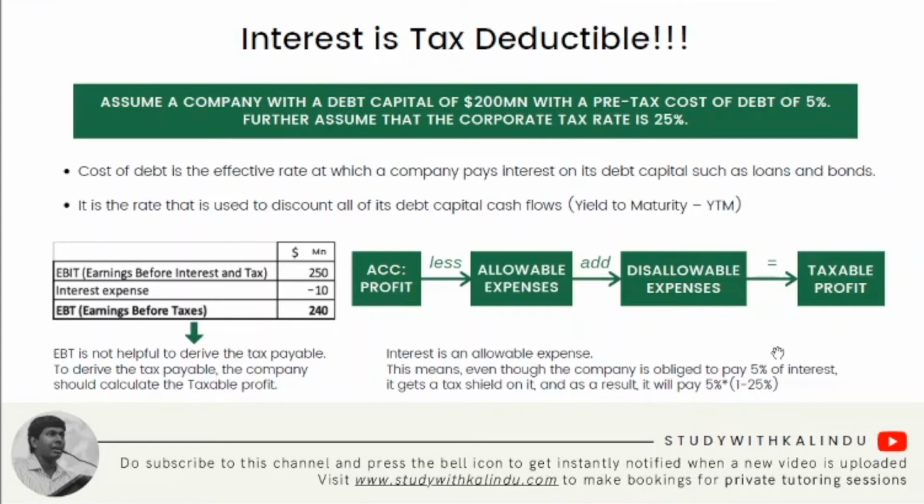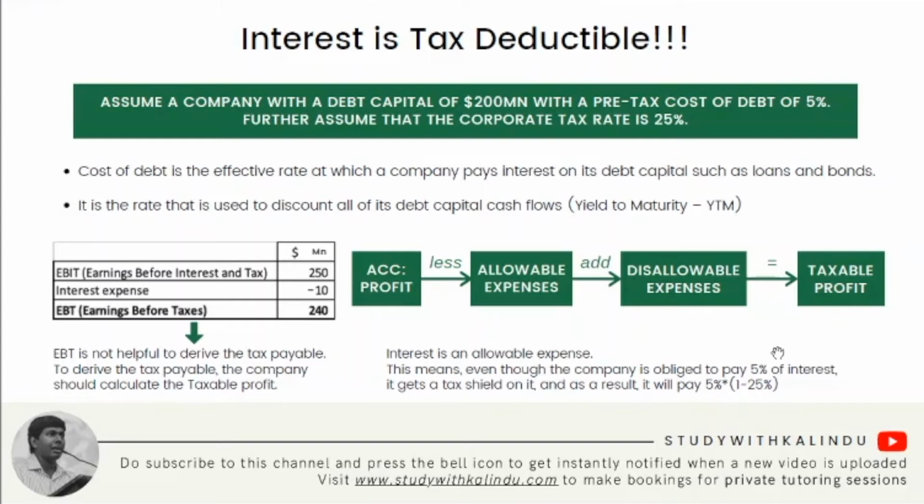So you had an interest expense of 10 million. The tax authority tells you interest is an allowable expense. So what you do, you apply the tax rate, which is 25% in this case, onto the interest amount of 10 million. So 10 into 25% is 2.5. You deduct 2.5 million from 10 million to get a net figure of 7.5 million.